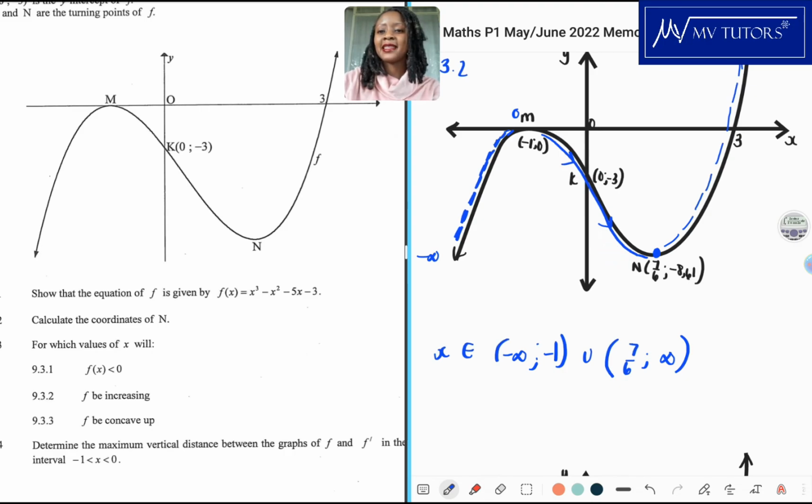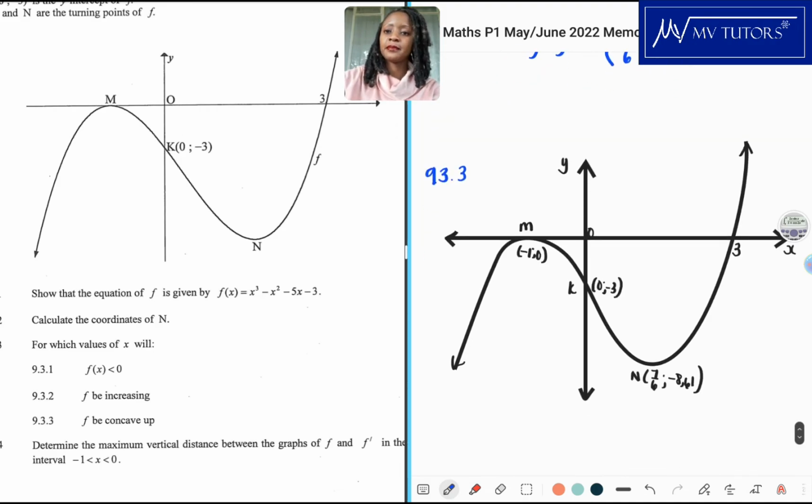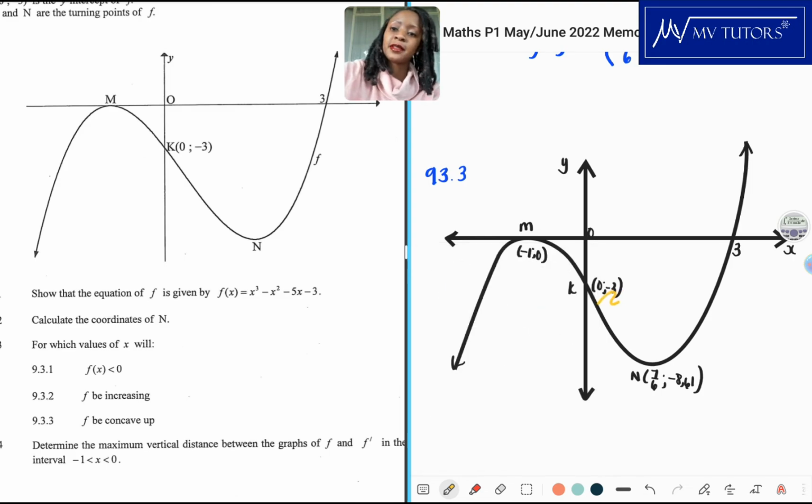And then the last one asks for which values of x will f be concave up. If it were concave up, it's pretty much like this. If it's concave down, then it would be that.